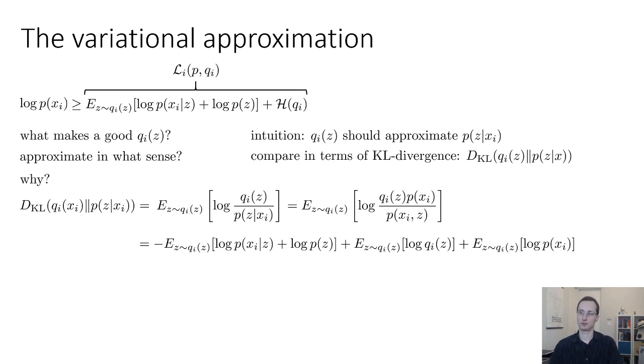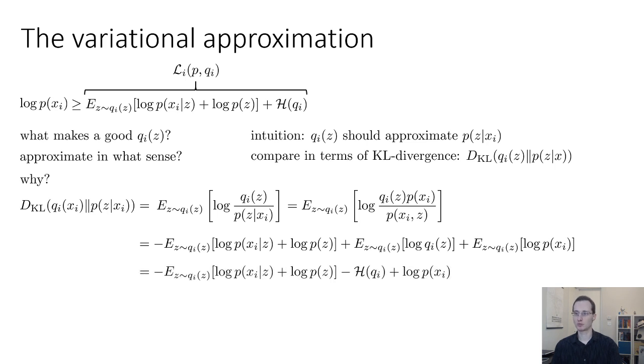Then the expected value under qi of z of log qi of z, which you'll recognize as the entropy, and then the expected value under qi of z of log p of xi. The reason that I split it up into three terms like this is that the third term is just log p of xi, because the quantity inside the expectation doesn't depend on z at all. The second term is the entropy of qi of z, and the first term is just the negative of what we saw in our evidence lower bound.